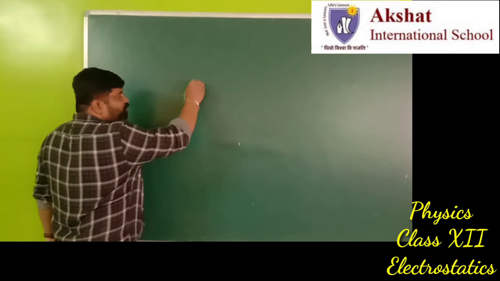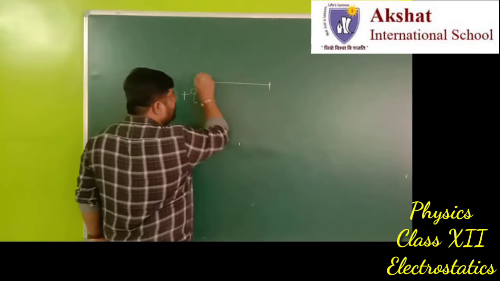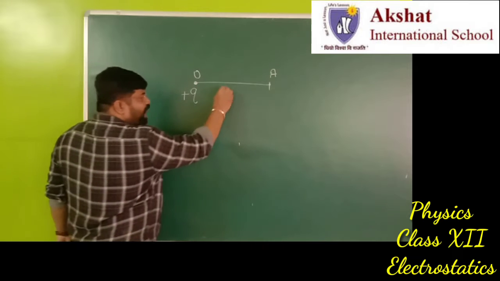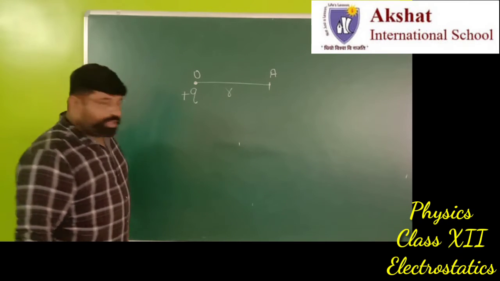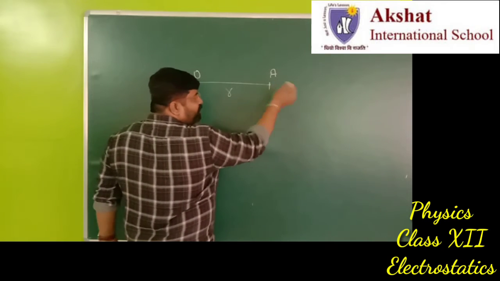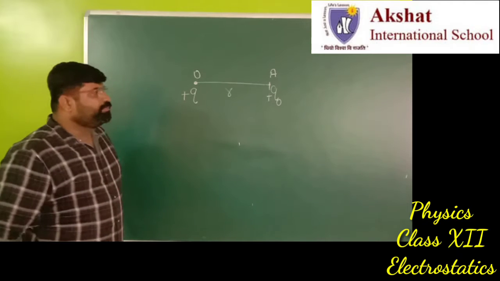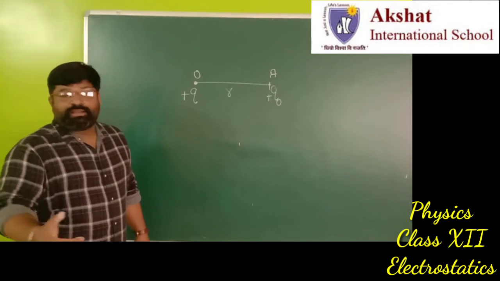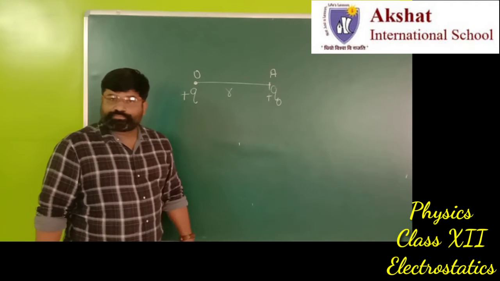I have to find the field strength of this charge at some point, say A, which is r distance away from the source charge. I'll keep a unit positive test charge at point A, where I have to find out the field strength.